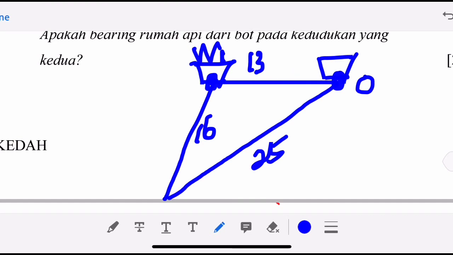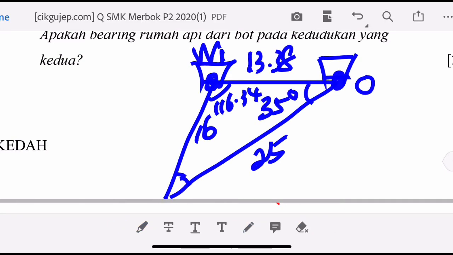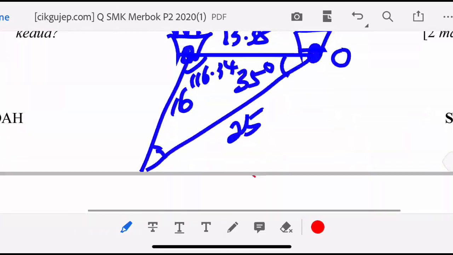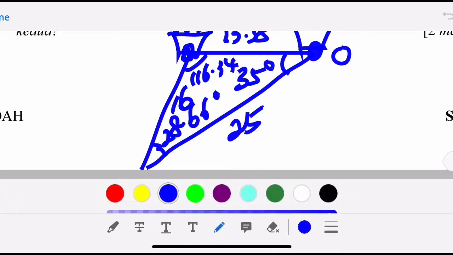And here we have 35, and here we have 116.34, and here is 28.66, right? Okay, the other part of the story is like this.